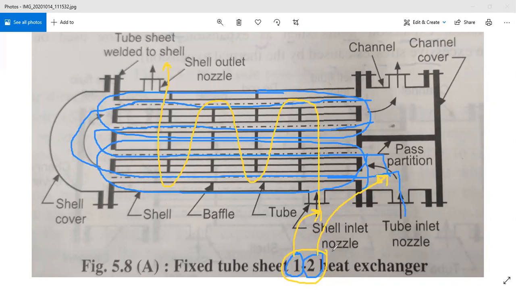So from this diagram and from the previous discussion, we can understand how the exchange of heat in the shell and tube heat exchanger is done, right?